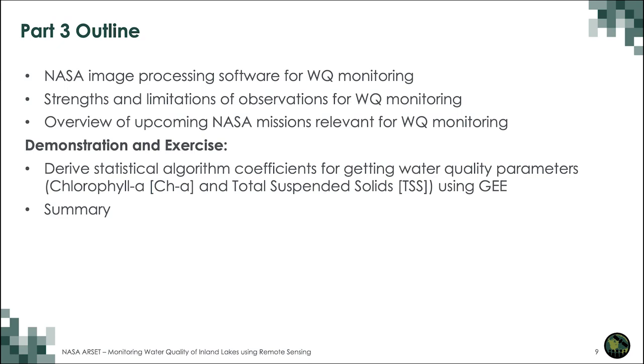Then Sean McCartney will have a demonstration and exercise to derive statistical algorithm coefficients for getting water quality parameters. We'll focus on these two, considering the time availability, chlorophyll A and total suspended solids in GEE. And you will also get some idea of how to get Secchi depth or water clarity using a similar method. And then we'll summarize what we did in this series.